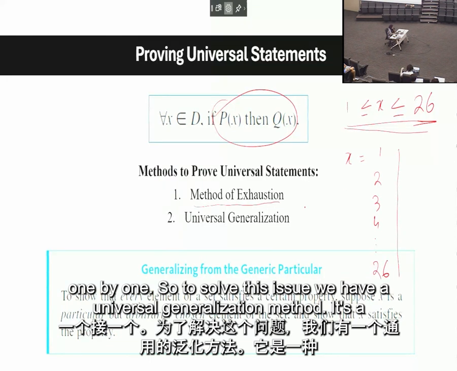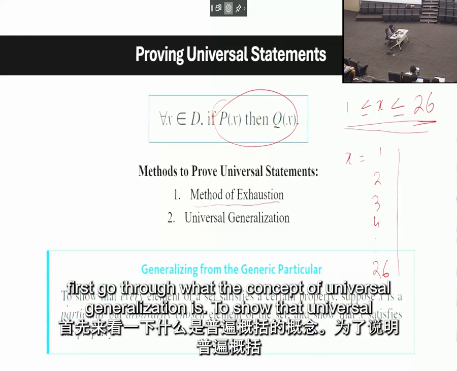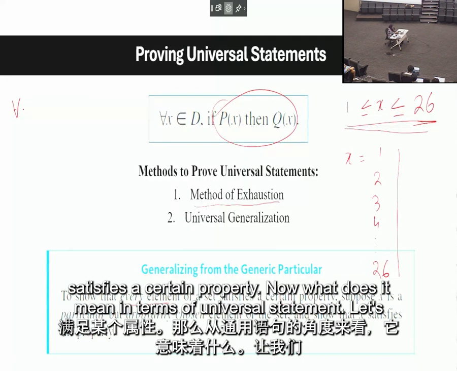to solve this issue, we have the universal generalization method. I'll first go through what the concept of universal generalization is. To show that every element of a set satisfies a certain property, what does it mean in terms of a universal statement?